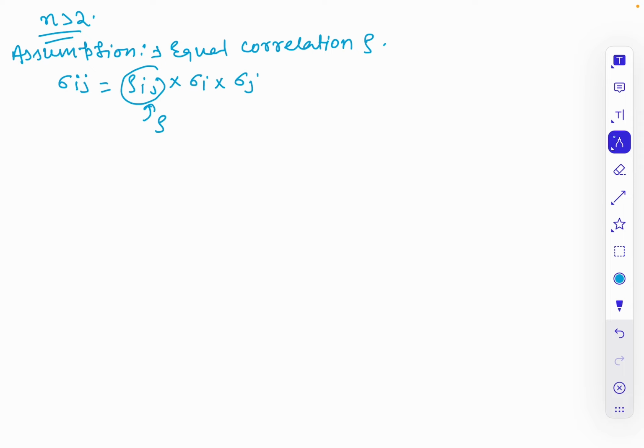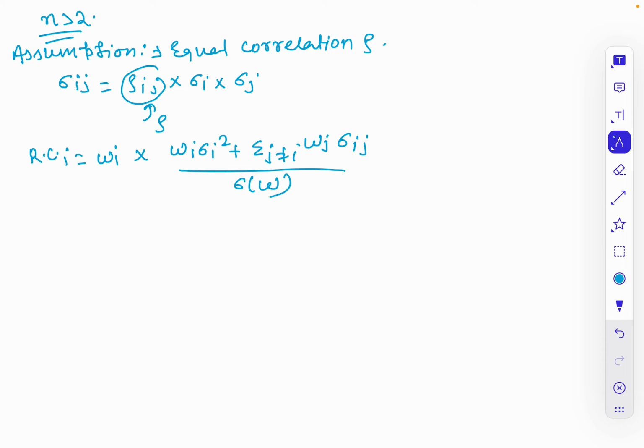So we have n number of assets, right? Let us write the risk contribution of asset i in this case. What is the risk contribution of any asset i? This will be the weight of asset i times the marginal risk contribution of asset i. What is the marginal risk contribution of asset i? This will be omega i sigma i square plus, for all j not equal to i, omega j sigma ij, divided by the portfolio risk, right?